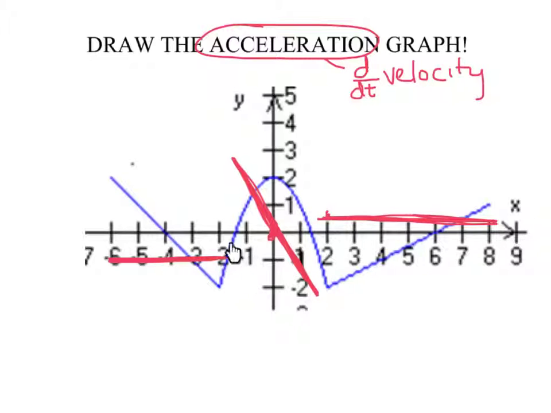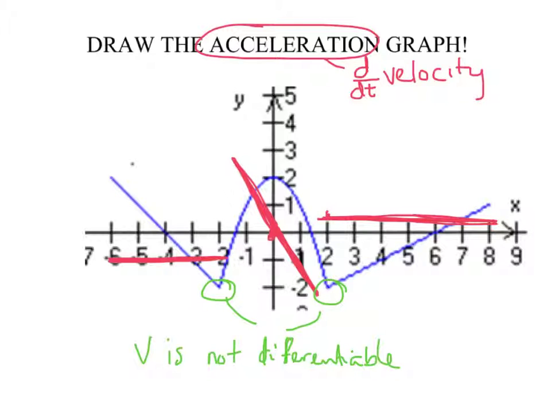Now you'll notice these jump discontinuities, and that's okay. That's what the graph requires. But what that means in my original function, just to go all the way back to the beginning of the chapter, is that at these two spots where we have this jump in our derivative, velocity was not differentiable at those two spots.